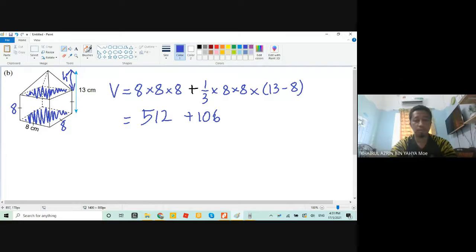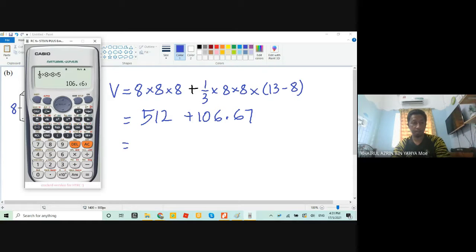Wait, let me use my calculator to double check. 1/3 times 8 times 8 times 5. For 2 decimal places, the answer should be 106.67. If you use your calculator, you can try.